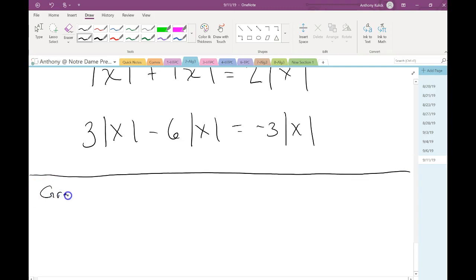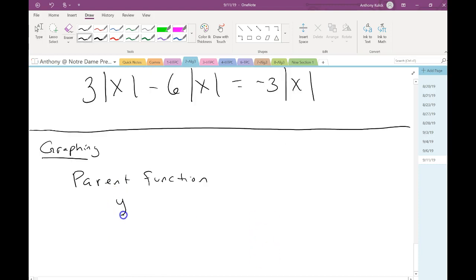So we'll do some more on simplifying throughout this chapter. But I want to start talking about graphing now. So the parent function for the absolute value function is the graph y equals the absolute value of x.